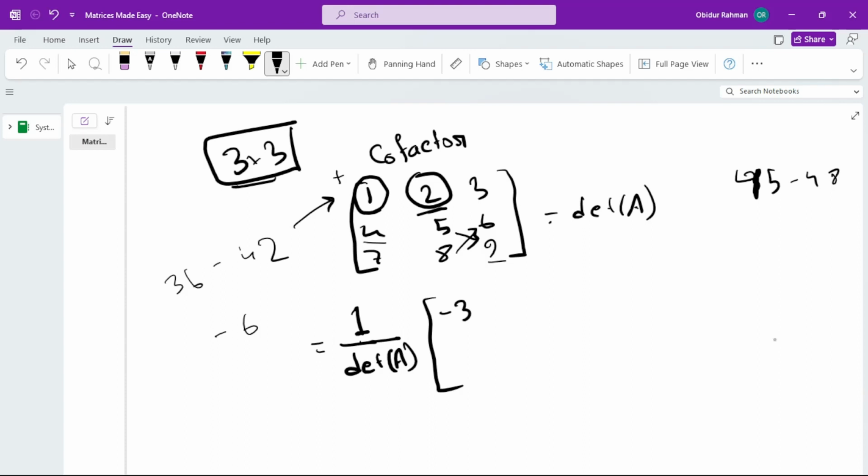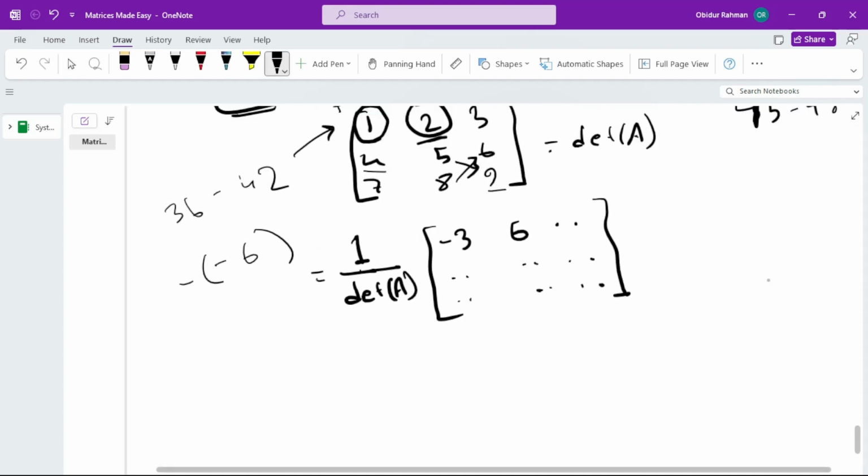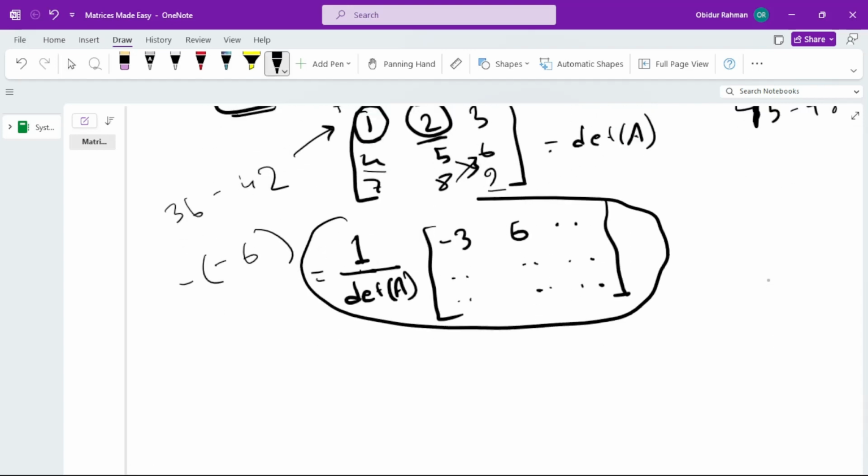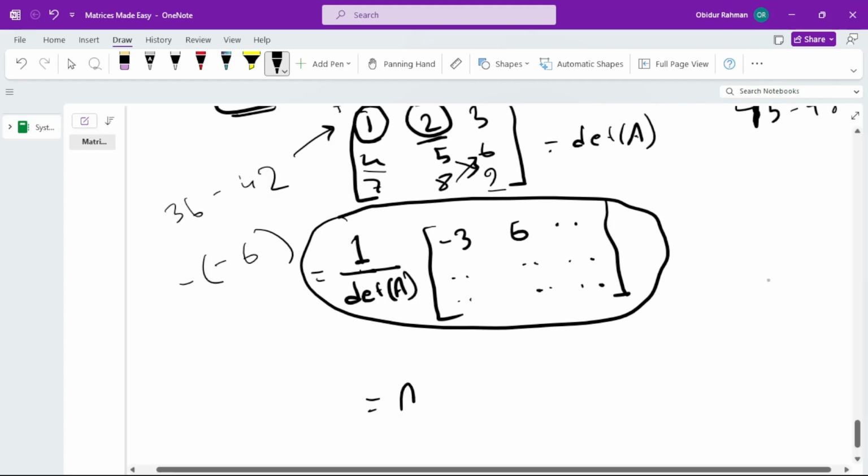Since it starts from plus, then goes to minus, then goes to plus, it will be minus minus 6, or a plus 6. Same way we're gonna calculate every single element of that matrix. The final version of the matrix is the inverse of the original matrix. This is called the inversion of a matrix.